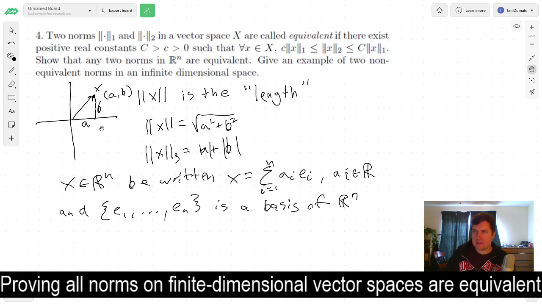So, like this vector here, we could have written as, it's going to be messy. So this vector here I could have written as a times 1, 0 plus b times 0, 1.